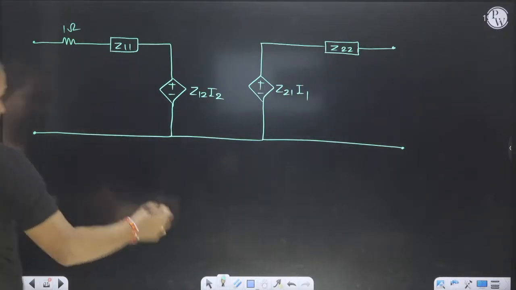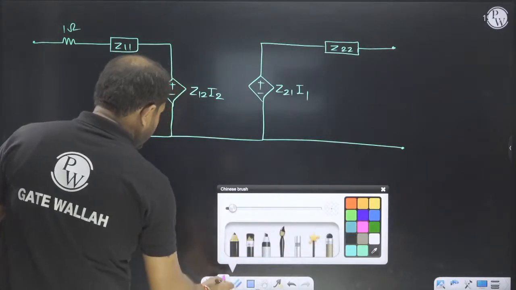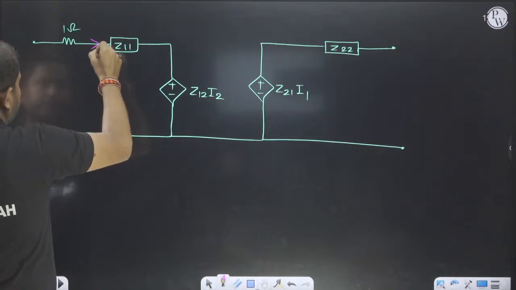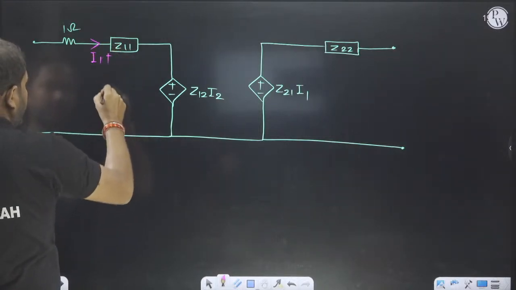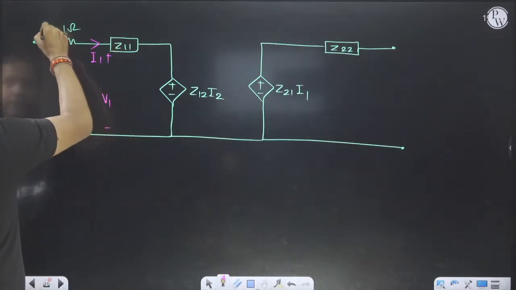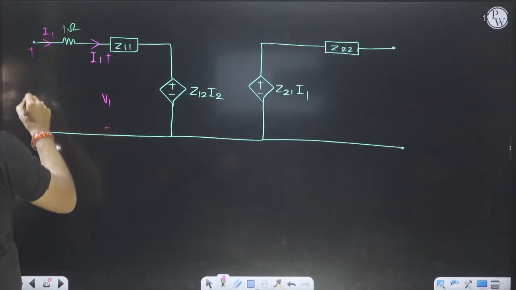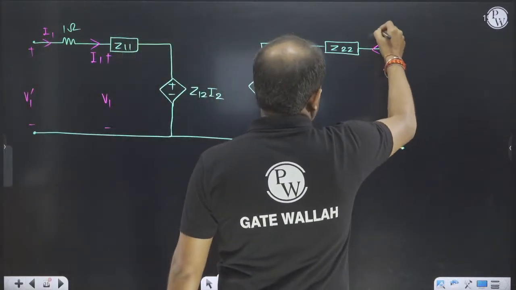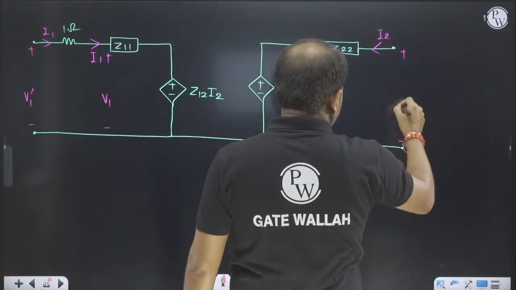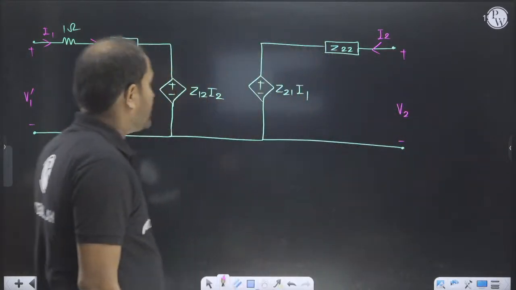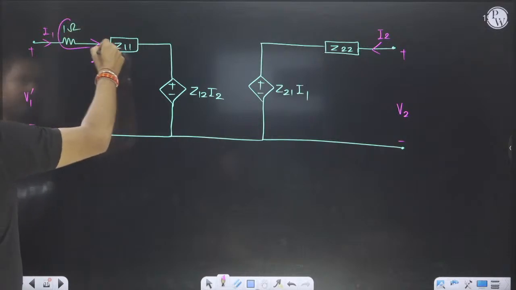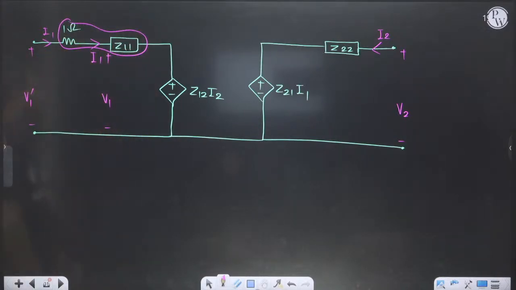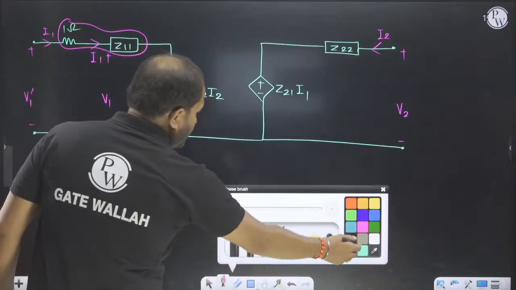Here the current is I1 and the voltage drop is V1. Here the current is I1, but the voltage drop will change to V1 dash. Here the current is I2 and the voltage drop is V2. So with respect to V1 dash, Z11 will change to Z11 plus 1.